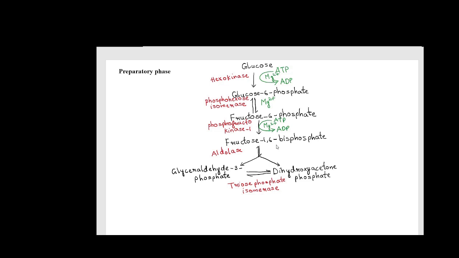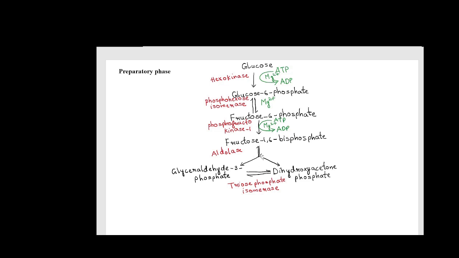But once it is converted into fructose 1,6-bisphosphate, this molecule has to enter glycolysis and no other cycle. So this step, which is catalyzed by phosphofructokinase 1, is a committed step. Once fructose 1,6-bisphosphate is formed, this molecule has to enter glycolysis.